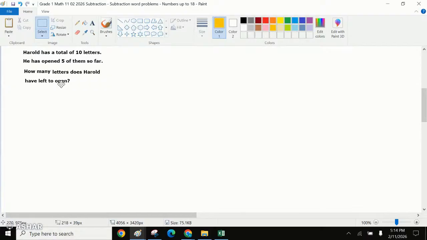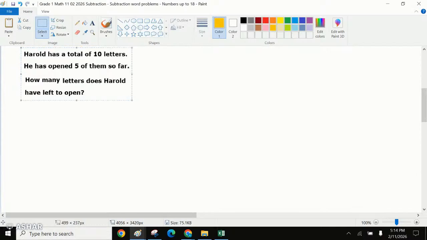If Harold has a total of 10 letters, or you can say if Harold has a total of 10 messages on his phone, and he has opened 5 of them and read them, there must be some messages or letters that are unread. So we need to find the unread messages. How many messages are unread?